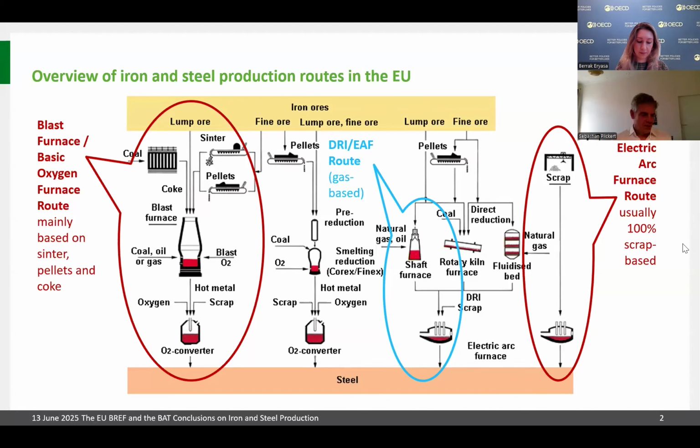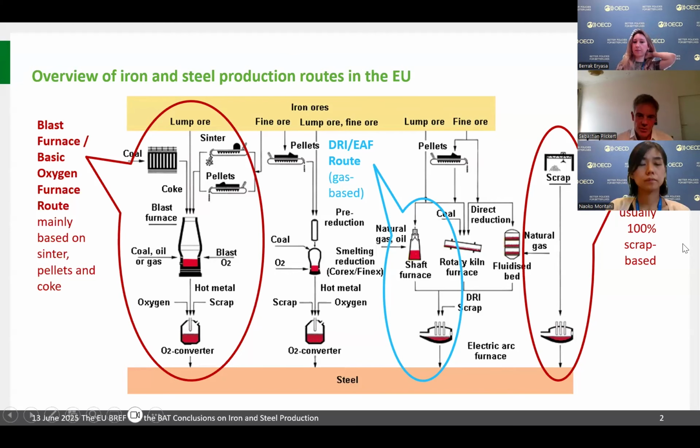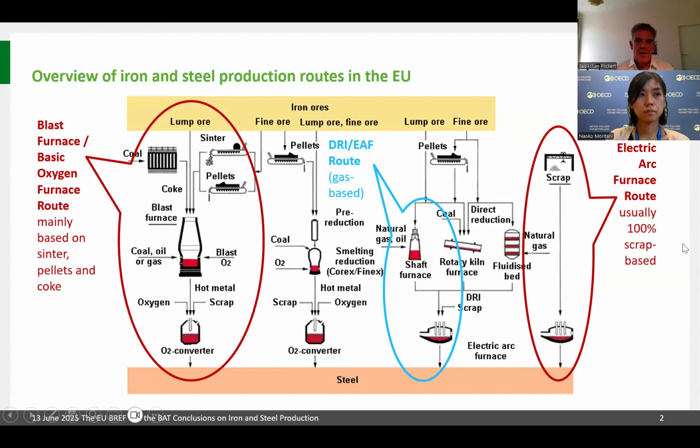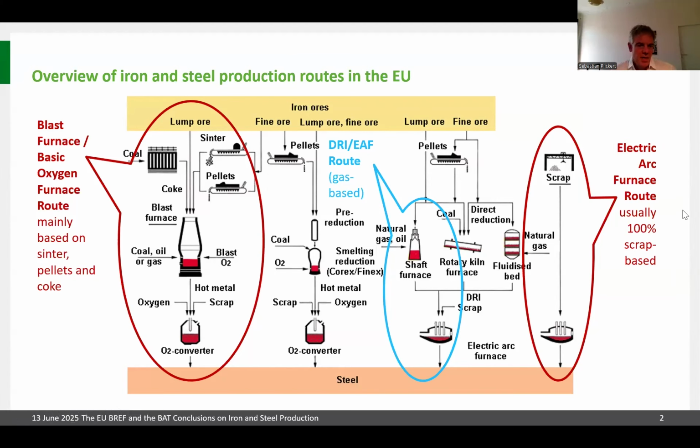It's just to show you an overview of the different iron and steel production routes, and as far as they are currently applied in the European Union. So on the left hand, you see the blast furnace, basic oxygen furnace route, which is mainly based on sinter or pellets and the use of coke.